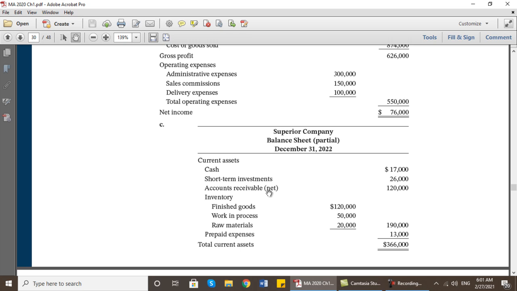You understand this. When we deduct allowance for doubtful accounts from the accounts receivable, we have a new balance called accounts receivable net. Inventory, as you learned in a manufacturing company, consists of three accounts: finished goods, work in process, raw materials. Total current assets.